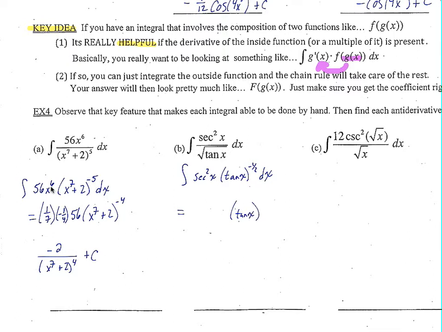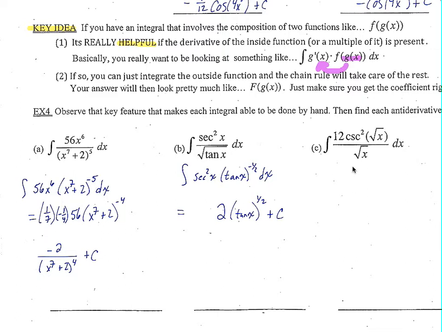Here's my outside function. This would be 1/2. And then we notice that the derivative of tan x is indeed secant x. We're just going to need to balance the coefficient here, so we're going to put a 2 there, and we put the c on the very end.